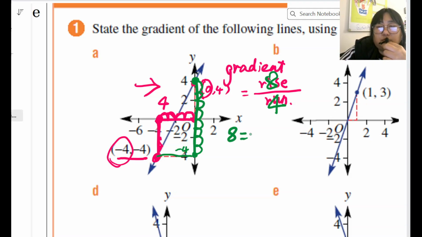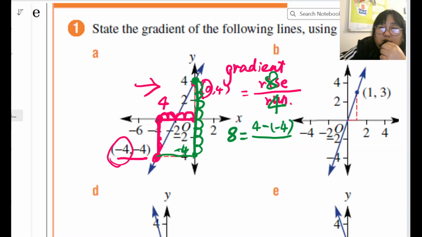And can we use the mathematical calculation, the algebra, to get that 8 value? So we will check. That is negative 4, and then it goes up to 4. So I should use my terminate point 4 and take negative 4. That is, take the last point and take the first point, the initial point, to get the change for the rise, that is the change for y.